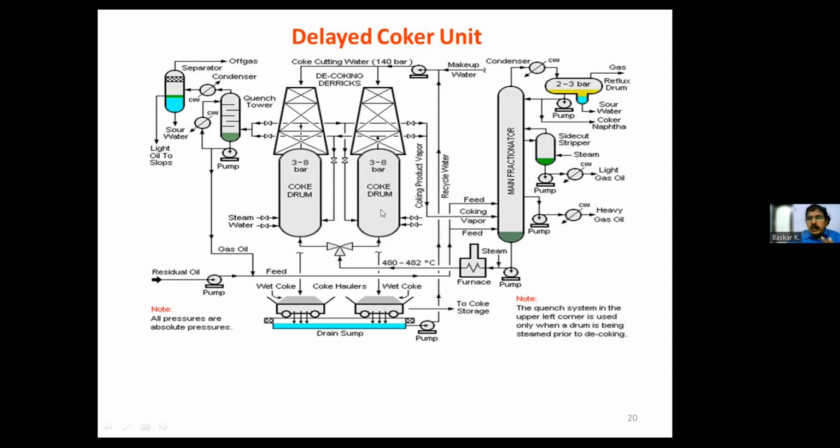Otherwise, it has to be batch mode. To avoid batch mode operation and make it continuous, we have two drums, which automatically change over after a fixed time, say 12 hours. For 12 hours, this will be on coking mode, and for 12 hours, this will be on removal mode. Okay, this is the coker unit.